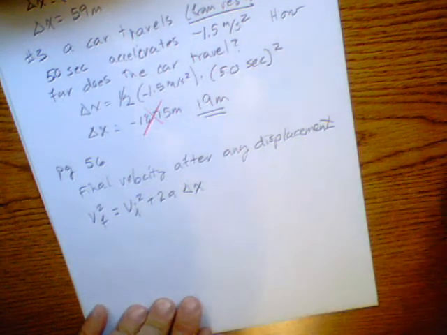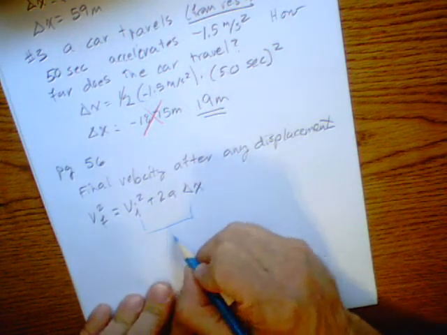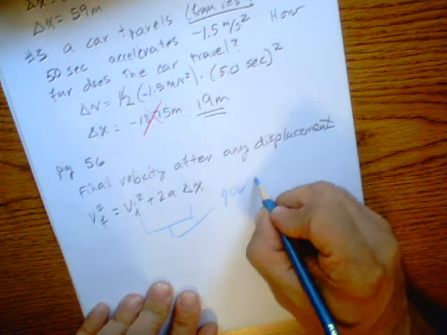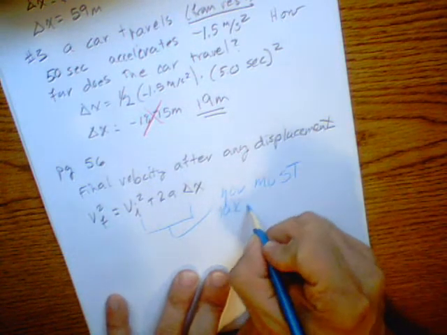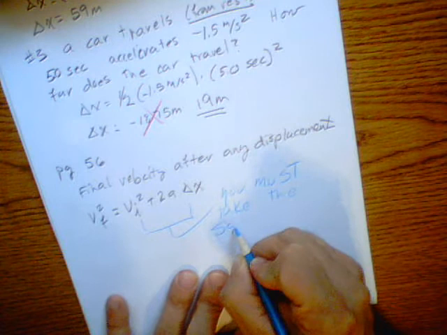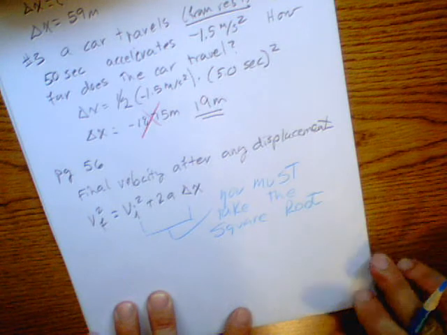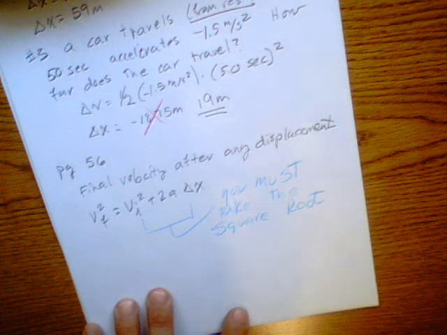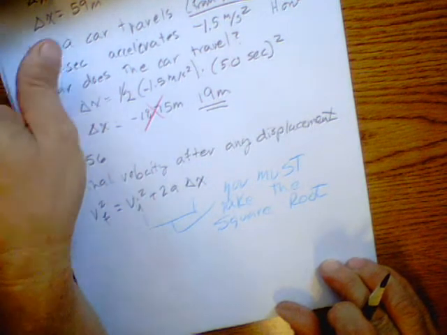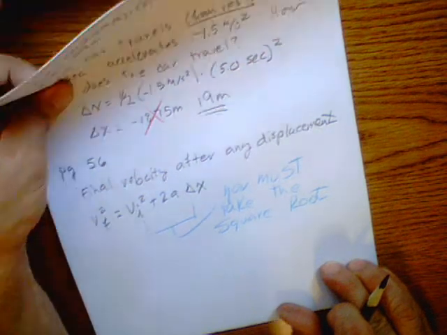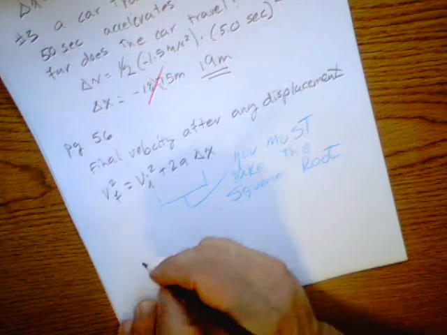It doesn't have time. However, I should point out here that you must take the square root. You must take the square root to find the answer, or else you won't get it. Notice that the square root can be positive or negative. You're going to have to look at the equation to find out whether it's positive or negative. When you plug it into the computer, it doesn't really know which one you want.